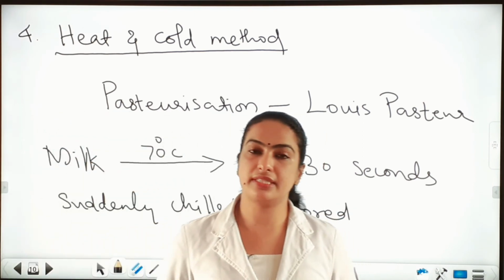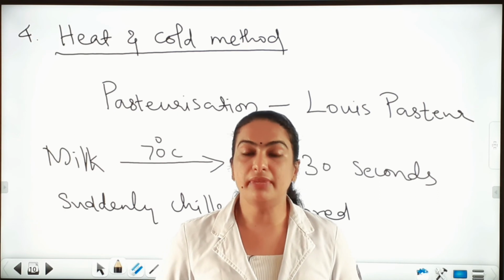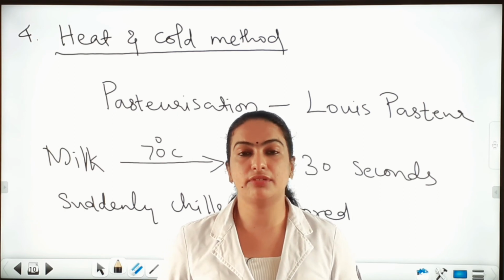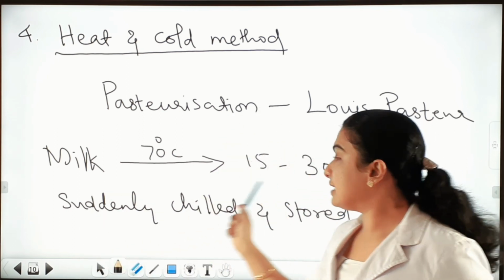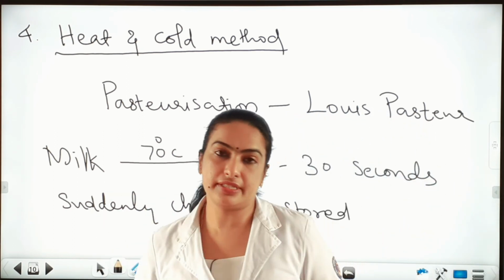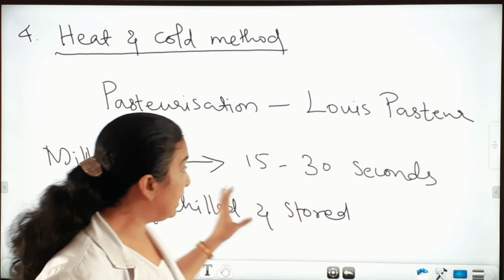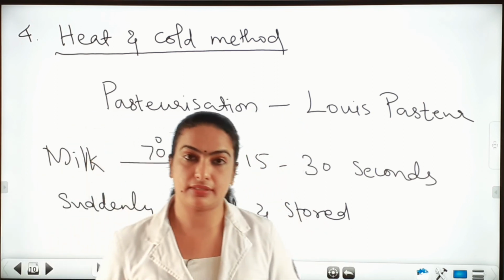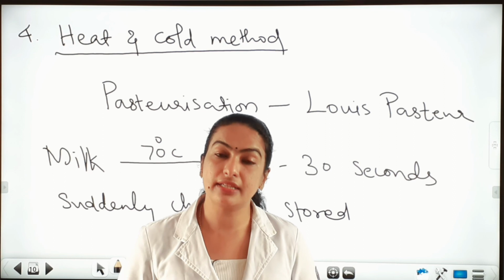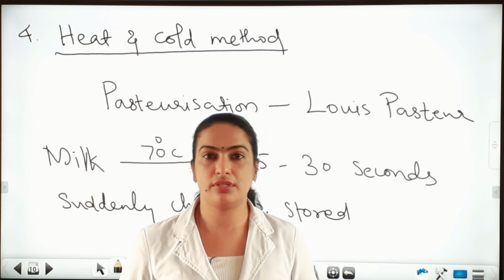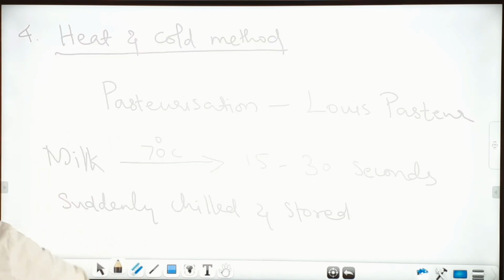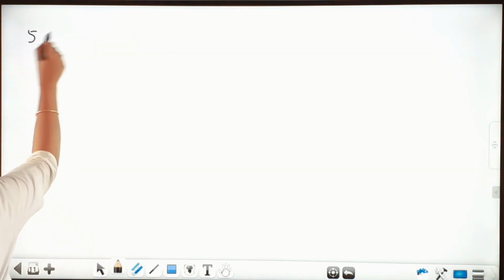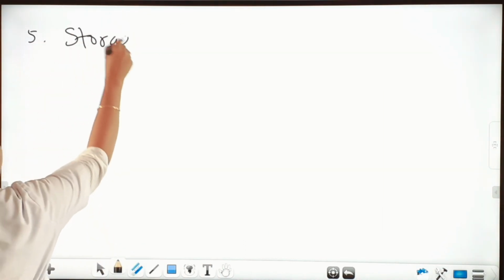So pasteurization is a process in which the milk is heated at 70 degrees Celsius for 15 to 30 seconds and suddenly chilled and stored. So this milk is called pasteurized milk. So this pasteurized milk can be used without boiling. Is it clear?